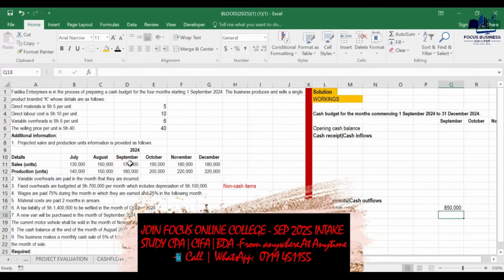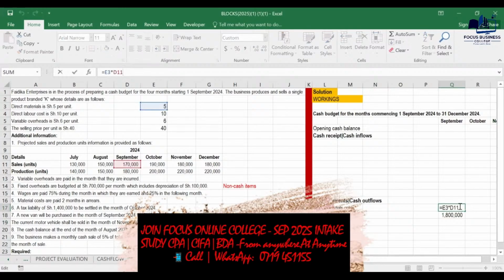So I will enter. Then I'll do the same for the direct labor cost. I'll take the direct labor cost here, and then I basically multiply that with the units to be produced, which is 180. And I hope up here I've used, let me see what I've worked with. Yes, I think this one is wrong.